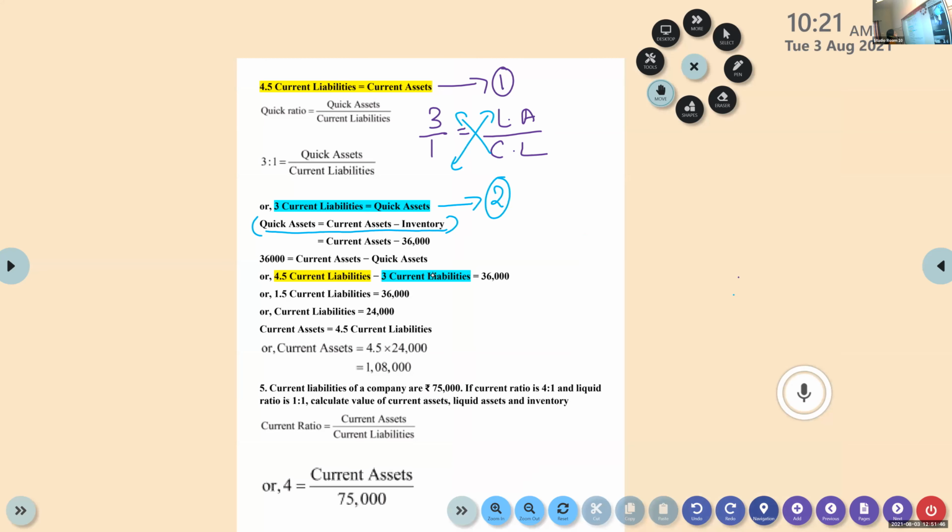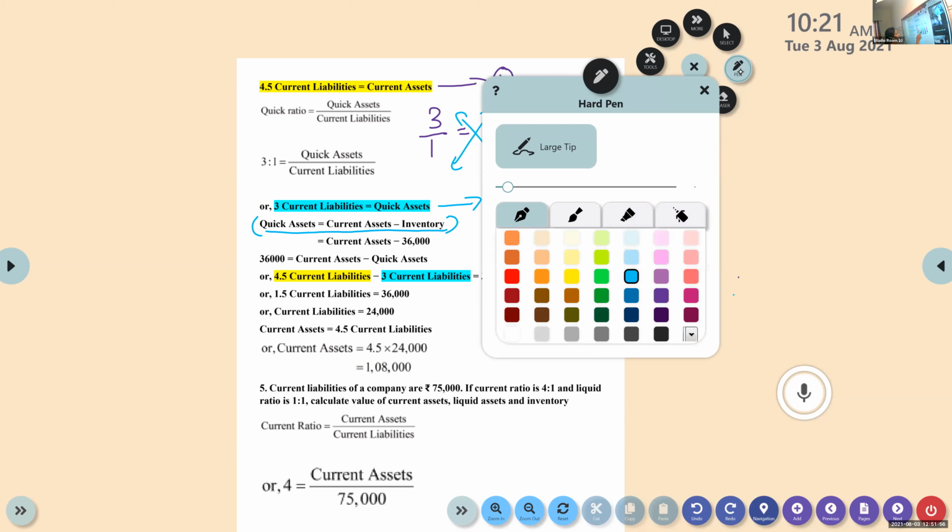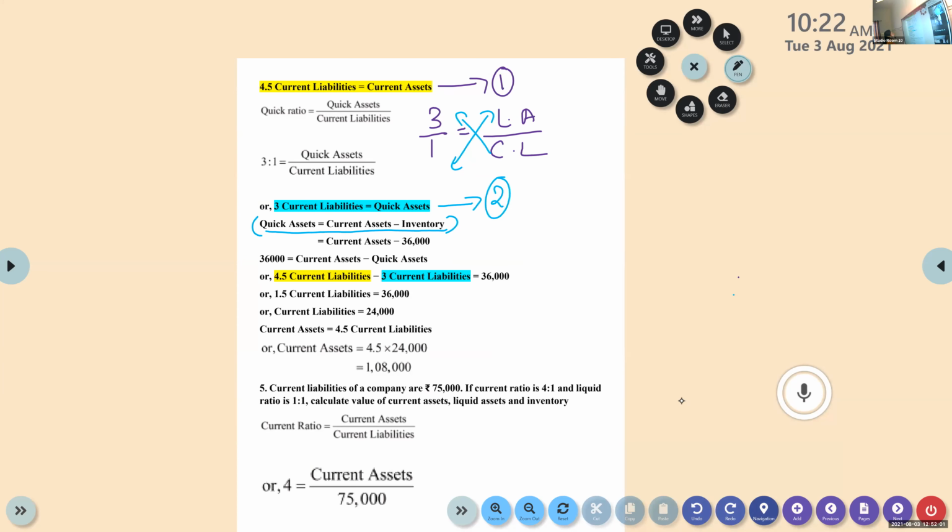We are bringing 36,000 to the left hand side and quick assets go to the right hand side. So it becomes 36,000 is equal to current asset minus quick assets.